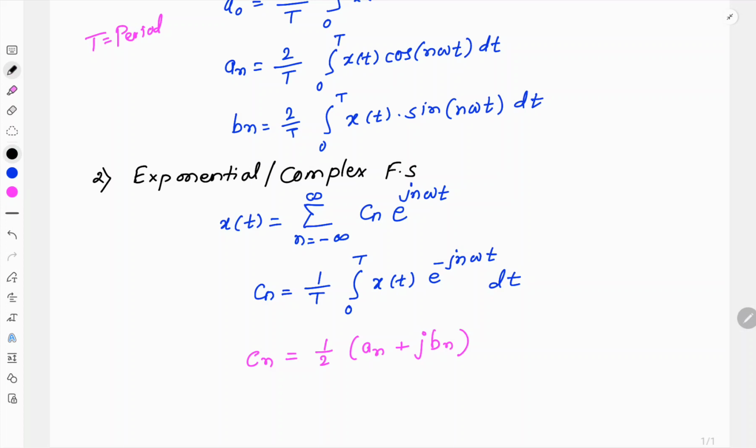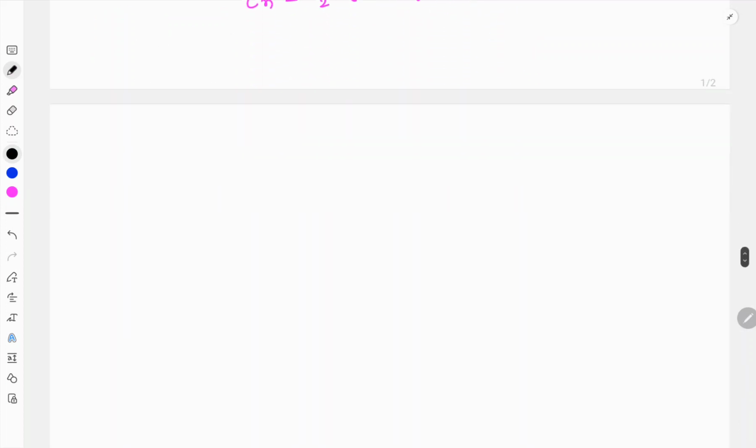Lastly, the third type of Fourier series is polar Fourier series.